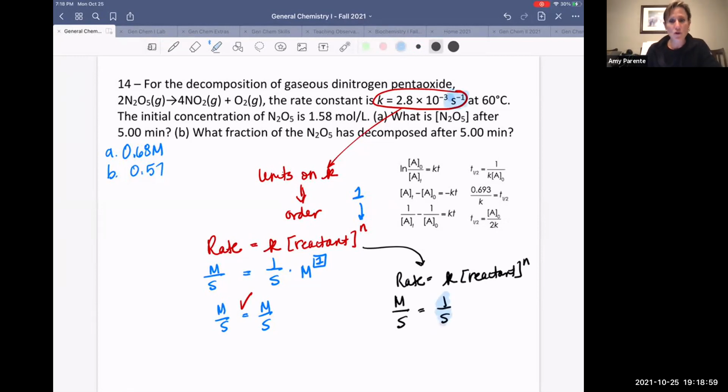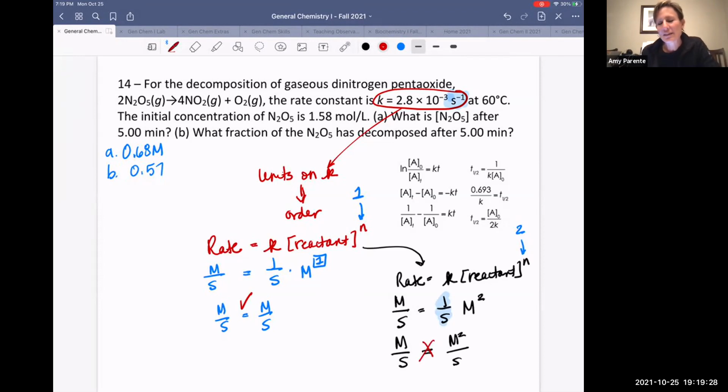That's why I'm putting in 1/second. Now, if I had a second order process, N would be equal to 2 there. And in that case, I'd have molar squared. So I would have molar over second, and then it's molar squared over second. That does not equal.